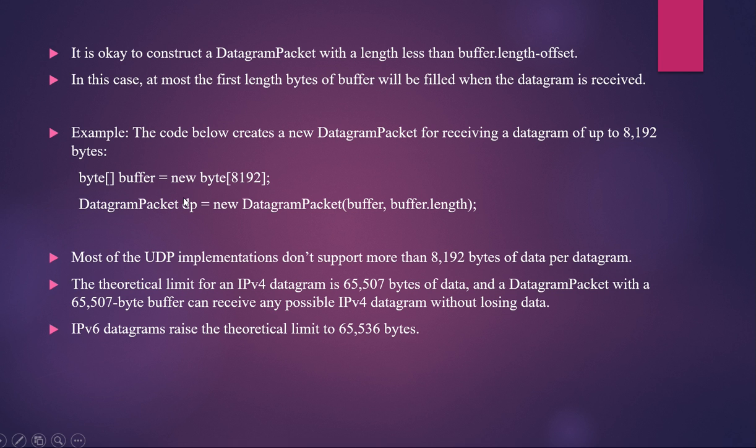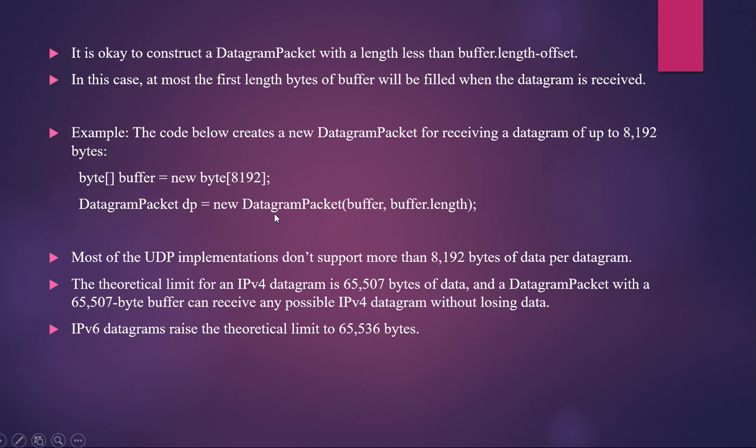The code below is creating a new datagram packet to receive a datagram. The size of the datagram will be 8192 bytes. First of all, you are initializing the size of the datagram to be received.